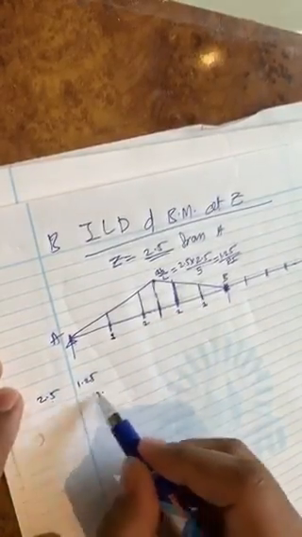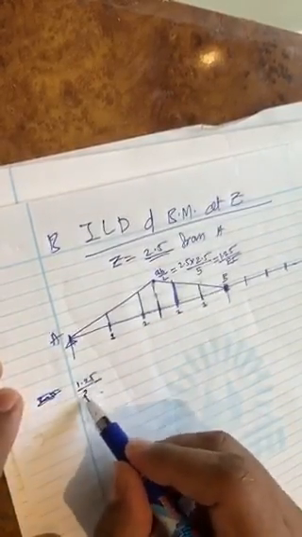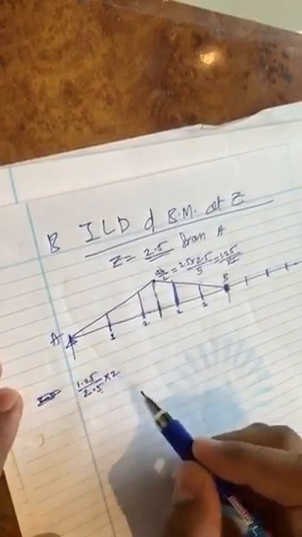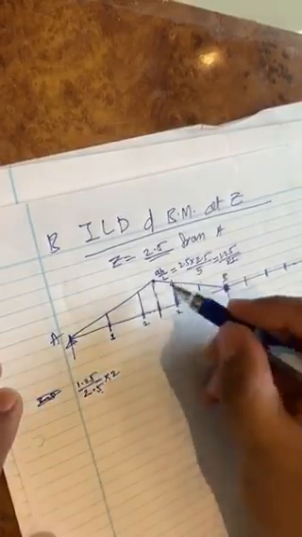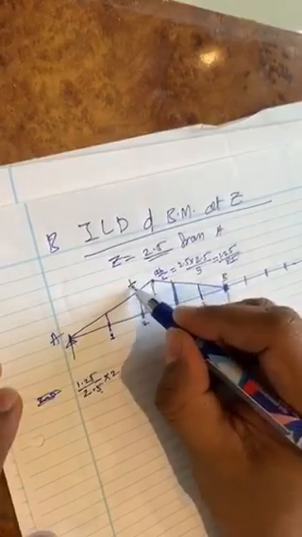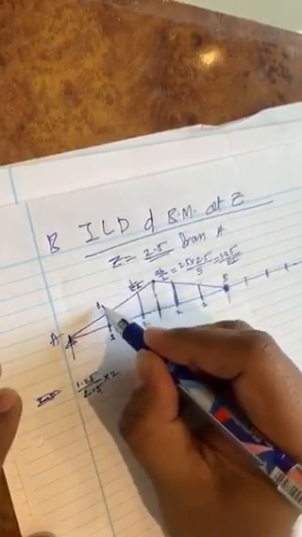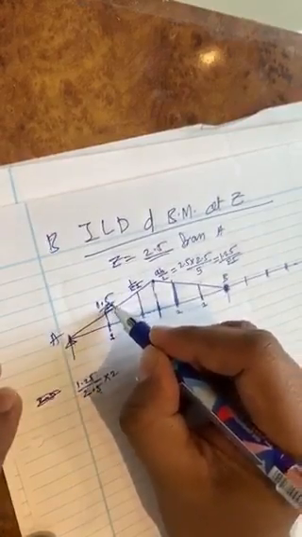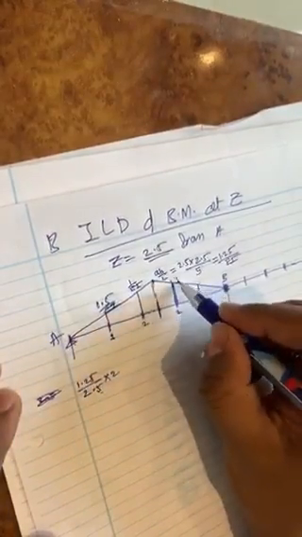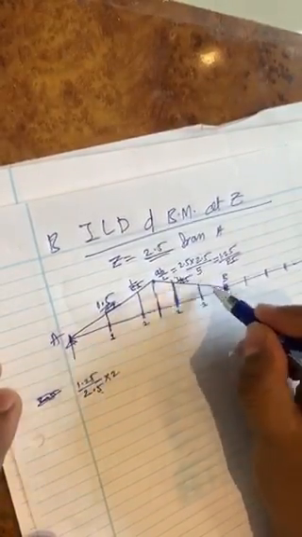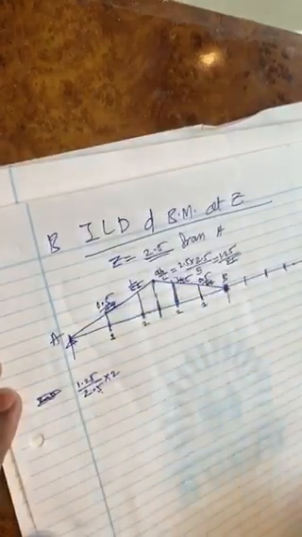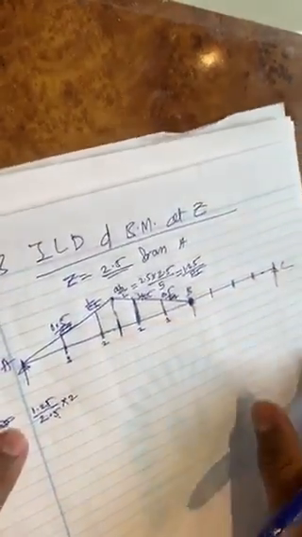So how to get that? You will have to divide 1.25 by 2.5 and multiply once by 2, once by 1, and then you will see that this will come as 1 by EI and this will come as 0.5 by EI. Similarly this side also it will be 1 by EI and this will come as 0.5 by EI, and this side there is no determinate ILD.